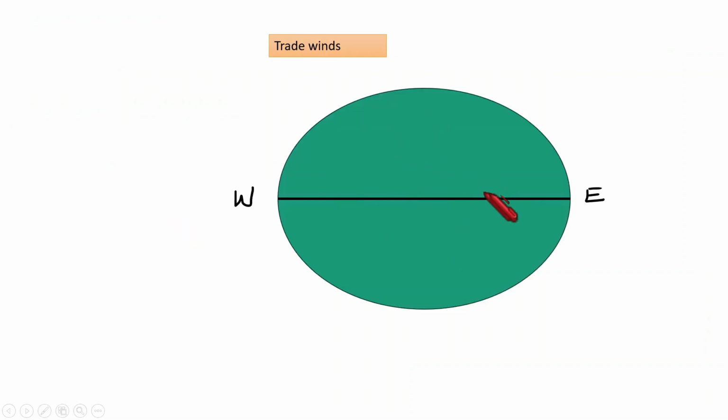So this is a representation of the globe. This is the west side, this is the east side, and the trade winds are always blowing from east to west. As this wind blows, along its course it carries warm surface ocean water towards the west.